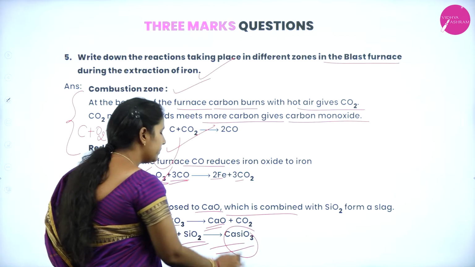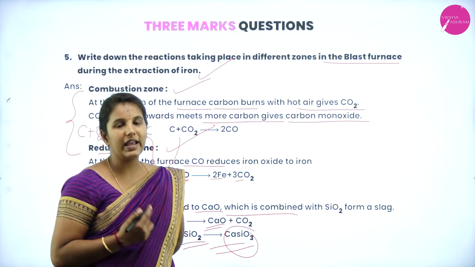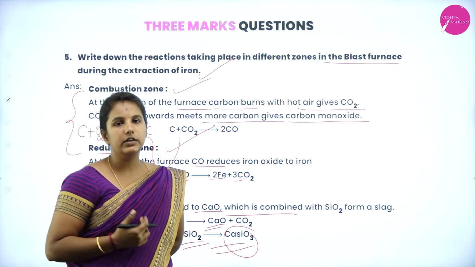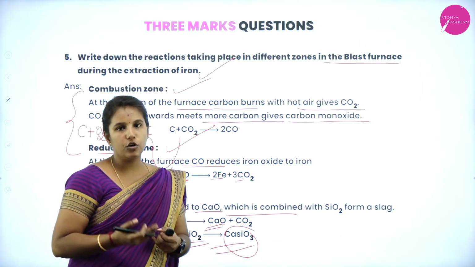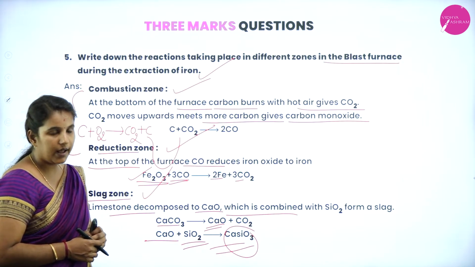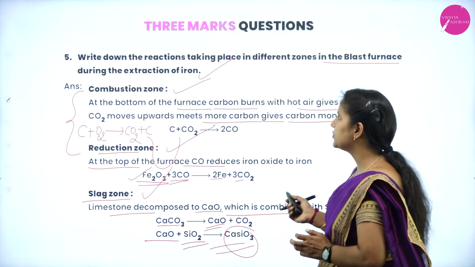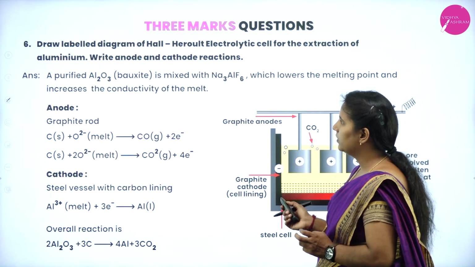This slag will be collected over the molten iron and protect the molten iron from reacting with further oxygen to undergo oxidation. So these are the 3 steps which occur in the blast furnace for the extraction of iron.